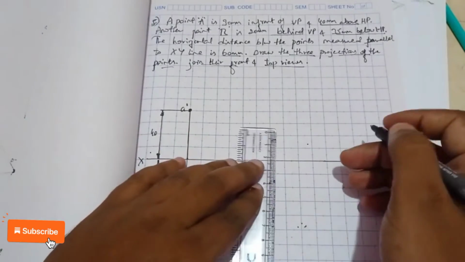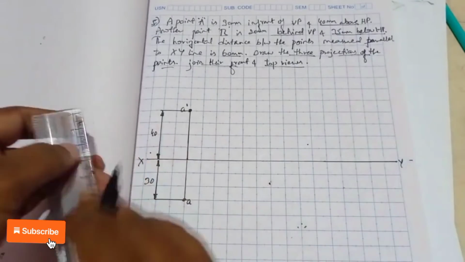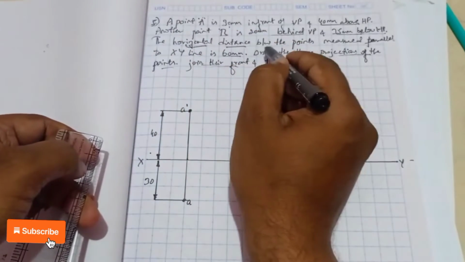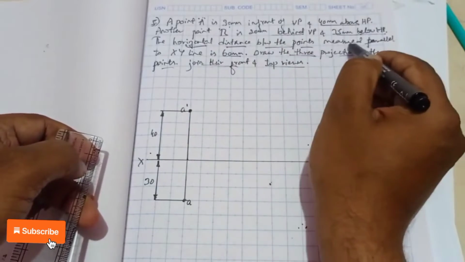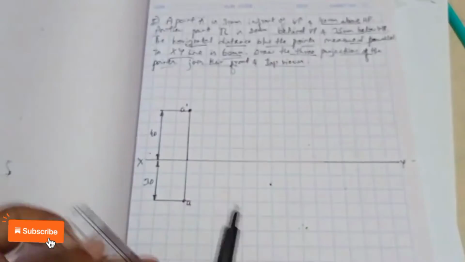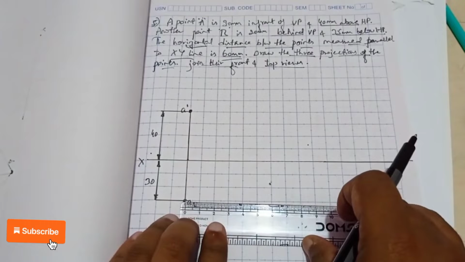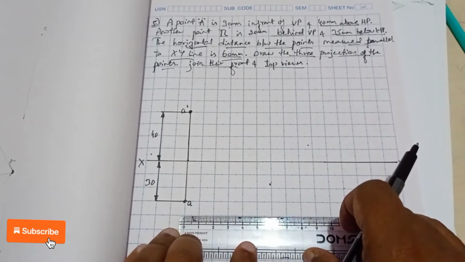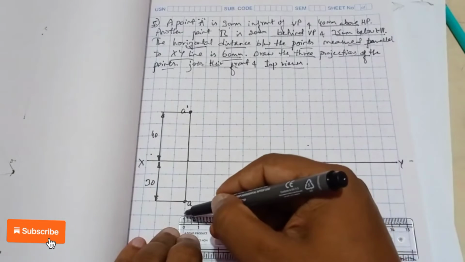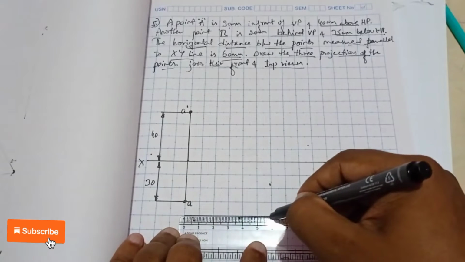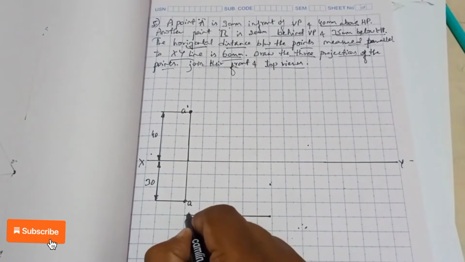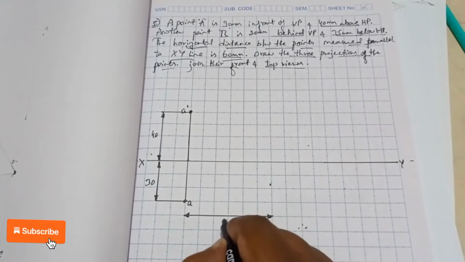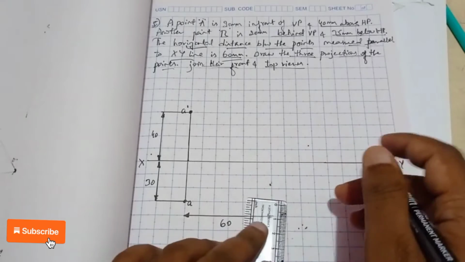Before that, they have given one piece of information: the horizontal distance between the points measured parallel to the XY line is 60 mm. So before drawing point B, we should consider a horizontal distance of 60 mm. Here I will mention it with the dimension line. This is 60, and here we have to construct.